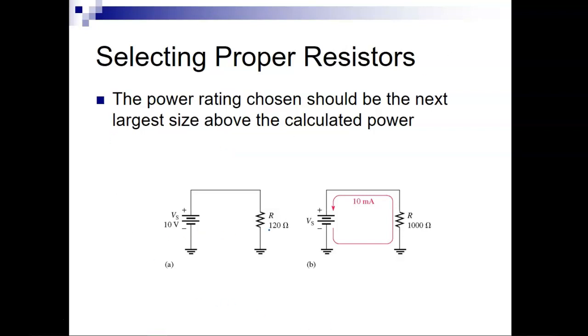So for calculated power, we have 10 volts and 120 ohms. What's my current here? Those of you with calculators out, that should be 10 divided by 120, yeah? Other way around, 10 divided by 120.